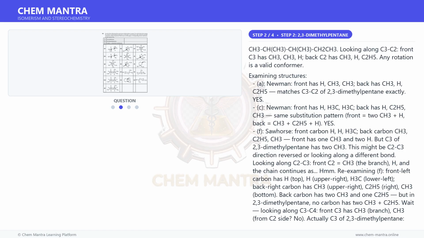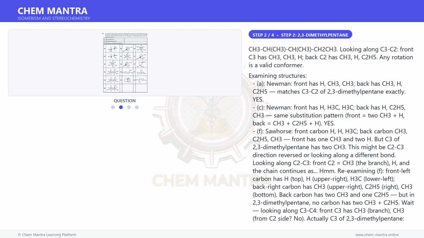Given the answer states F is in B, yes. H, front CH3, C2H5, H, back CH3, CH3, H. Front has CH3 plus C2H5 plus H, back has CH3 plus H. Looking along C2, C3, back C3 is CH3, CH3, H, front C2 is CH3, C2H5, H. C2 of 2,3-dimethylpentane has CH3 on the C1 side, which is just methyl, plus CH3 branch, plus H, not C2H5.